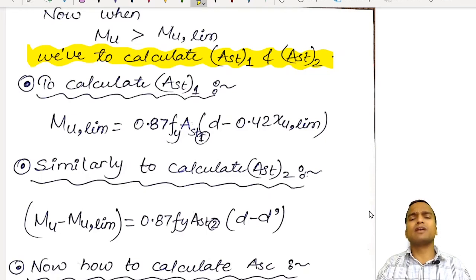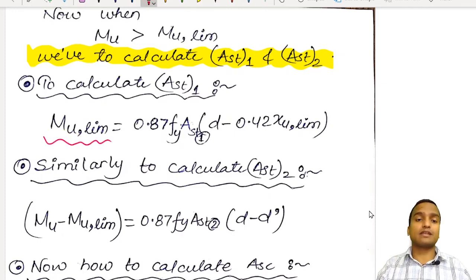there are very simple ways to calculate Ast1, and we know Ast1 is the area of steel reinforcement in tensile zone in figure 1, and figure 1 was a balanced singly reinforced beam and the moment was equal to Mu limiting. I hope you remember this.